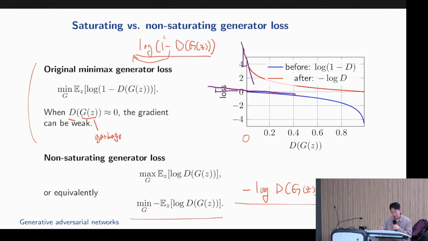So we changed the saturating objective to a non-saturating objective, which is going to help us a lot, especially during the earlier stages of training when the generated image quality is garbage.